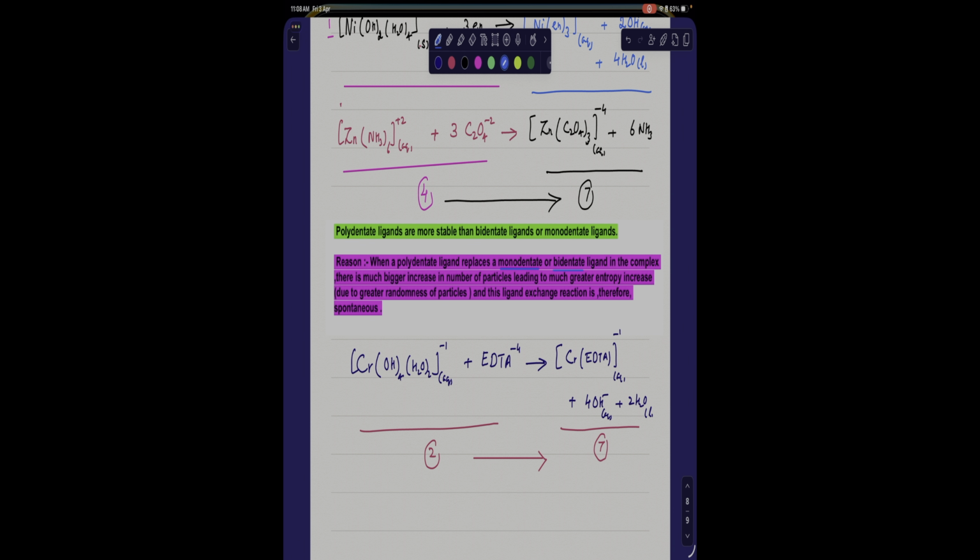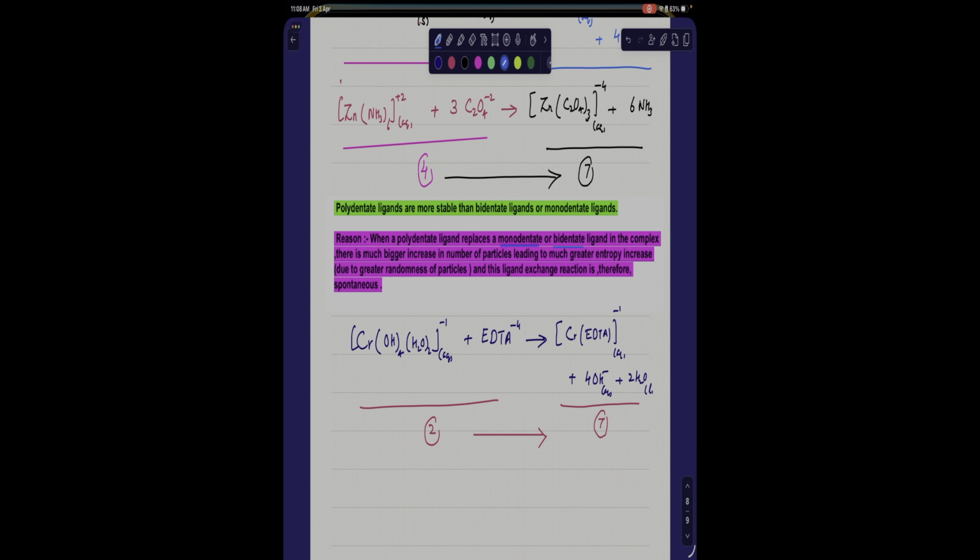Now let me take the last example for you. In this one I will be using, let's say, a copper example. Okay, a copper complex which should be having a bidentate ligand.